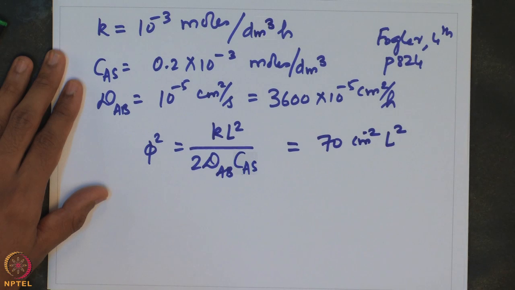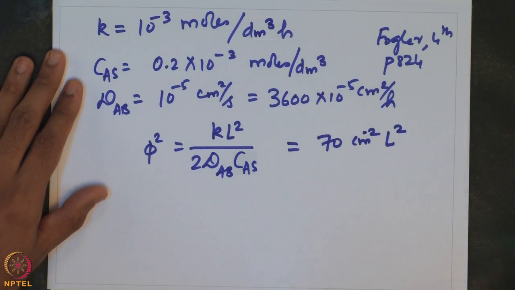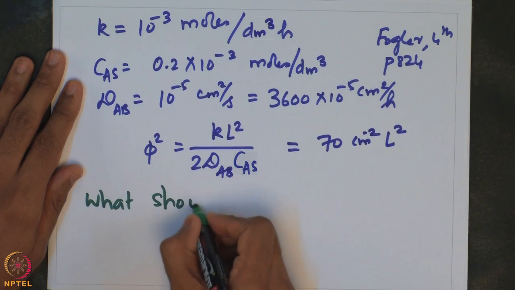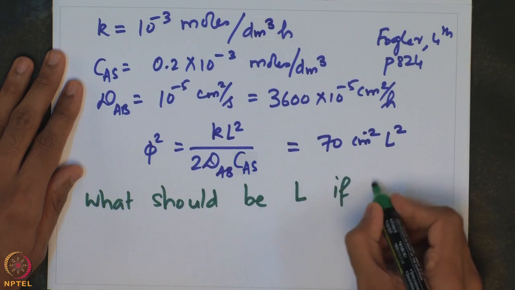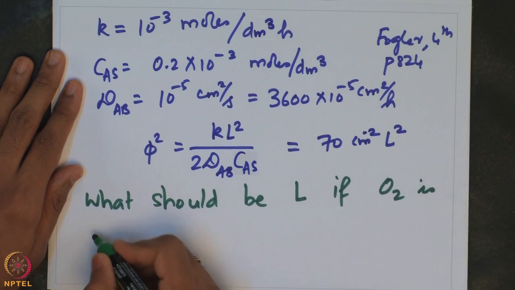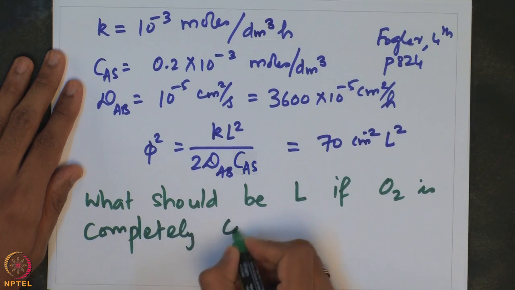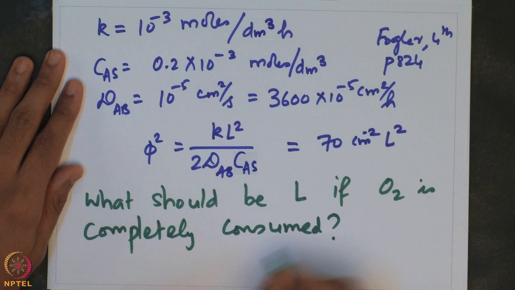Suppose we pose the question: what should L be if oxygen is completely consumed? What is the value of L if oxygen is completely consumed? So, how do we proceed?